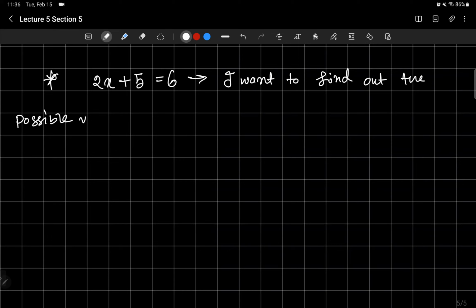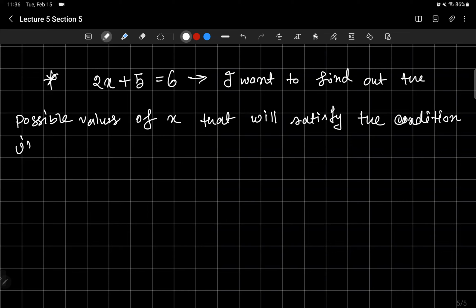I want to find out the possible values of x that will satisfy the condition given by the equation. This means finding the values of x that will satisfy this expression. That means putting that value of x on the left hand side so that it becomes 6. It has to match the right hand side.